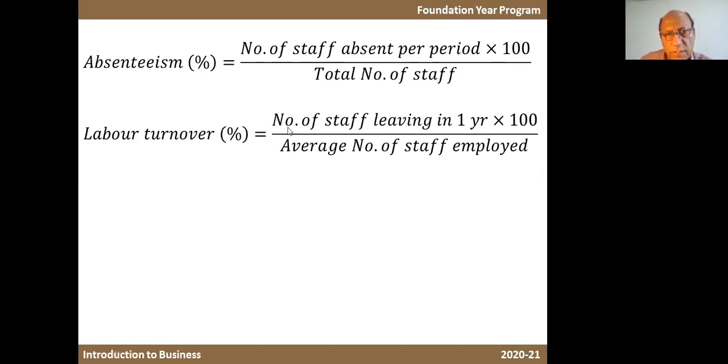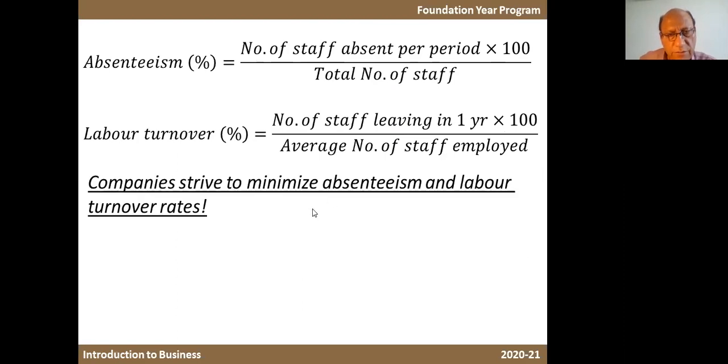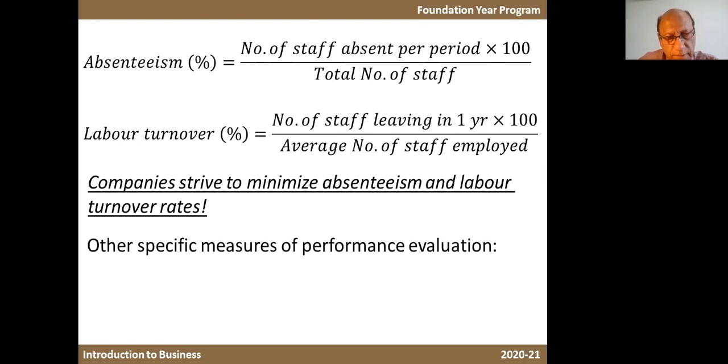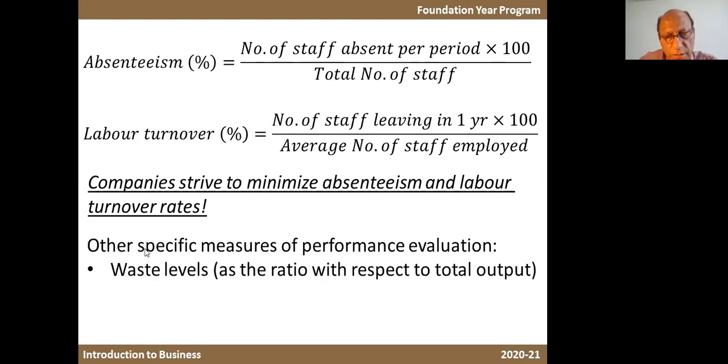Labor turnover: how many staff have left in 1 year, divided by the average number of staff employed in 1 year, multiplied by 100. So companies strive to minimize absentee rate and labor turnover rate. Both should be minimum. Lower is better. These are specific measures of performance evaluation.